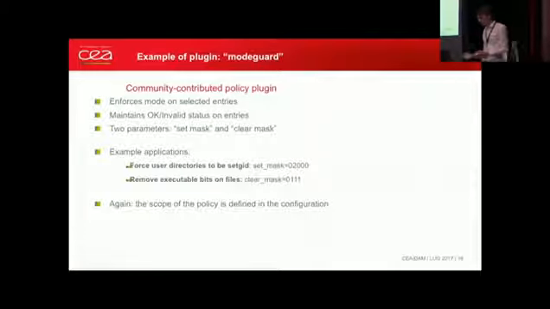And you can use it to force user directories to be set GID or remove executables, to prevent users from storing executable files in the file system. But again, the scope of the policy is fully configuration driven. The implementation is very generic. It just handles those two parameters, clear and set, and applies them on the entries that match your criteria.